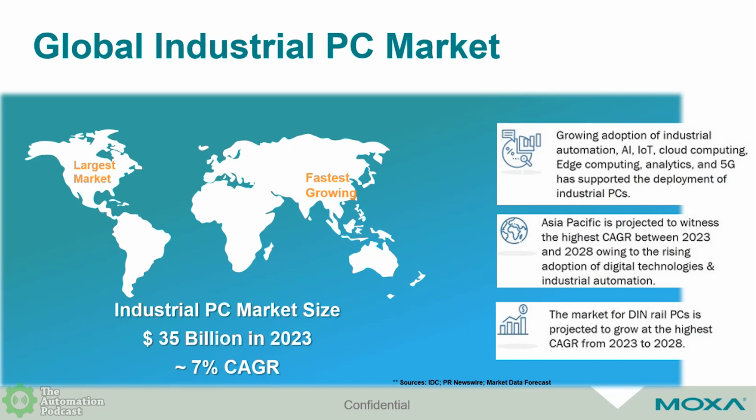Like I mentioned earlier, automation, AI, IoT, cloud computing, edge computing, analytics, 5G, all these technologies are driving the demand for industrial PCs. So we see this market continually growing and doing better over the years.